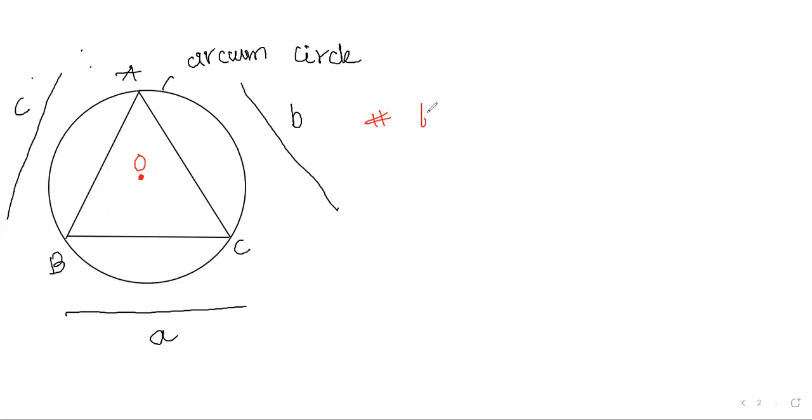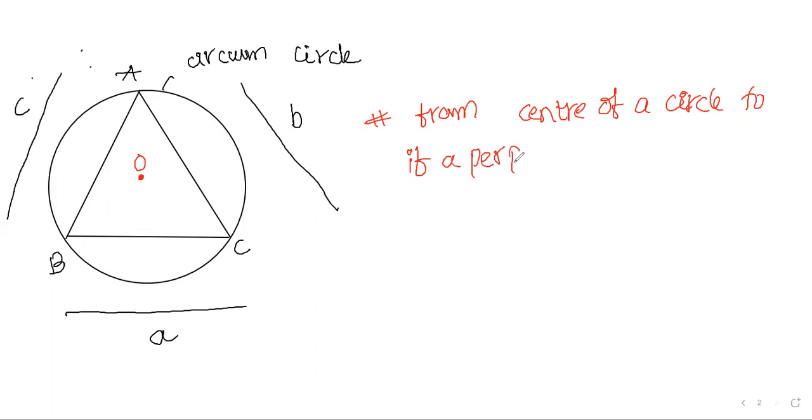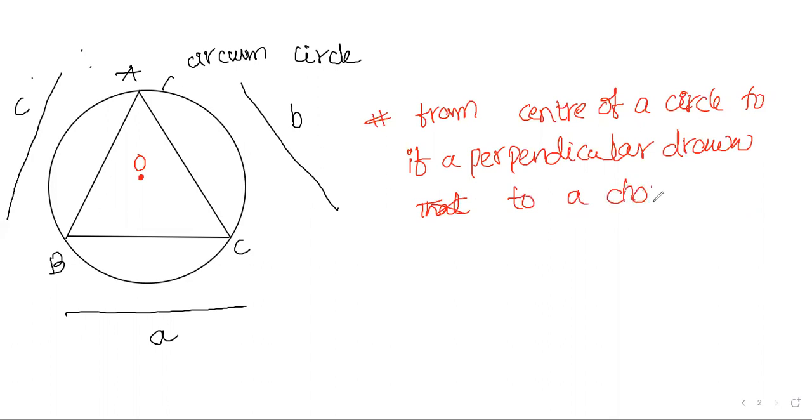Now there is a property: if a perpendicular is drawn from the center of a circle to a chord, that perpendicular bisects the chord.